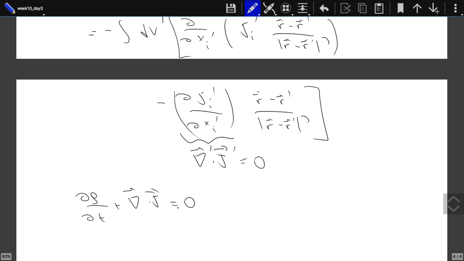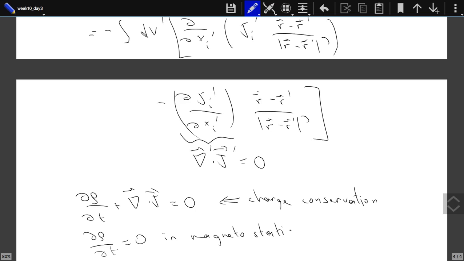So this term is zero in magnetostatics, and hence the divergence of j should also be zero. So the second term is basically zero.